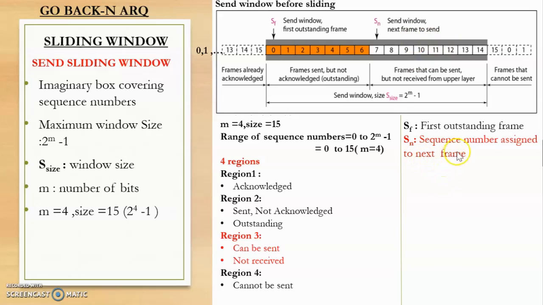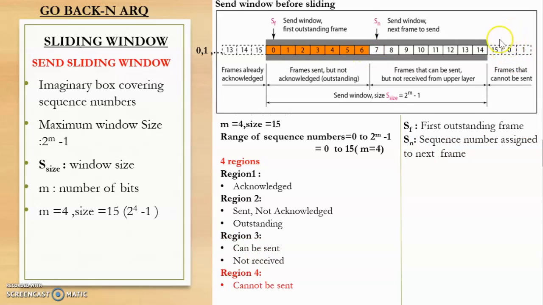And SN represents the sequence number of the next frame to be sent if data arrives from the network layer. So over here in this figure, SN value is 7, which means that a frame with sequence number 7 will be sent if data arrives from the network layer, as all the previous frames are already sent.